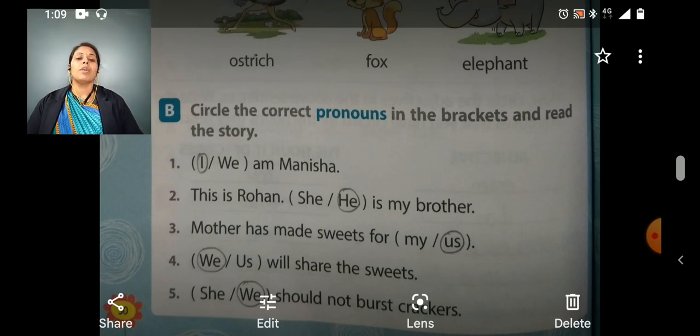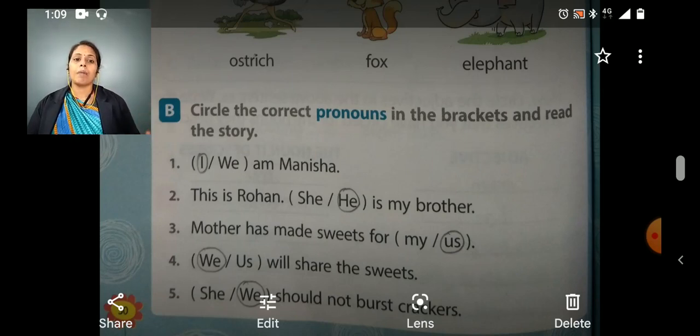So whichever is correct according to the sentence, we will put a circle on it and read the story. The first one is I/we. Here I and we are two pronouns.